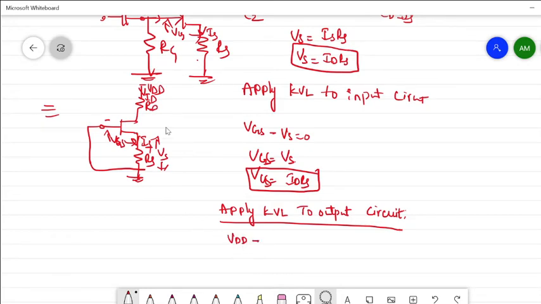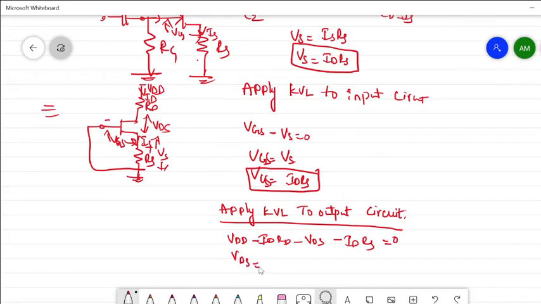VDD minus voltage across this resistor, IDRD, minus voltage across the output terminals, that is VDS, minus voltage across this resistor, ID into RS. Why? Because actually it is IS into RS, and IS is nothing but ID only. So VDD minus IDRD minus VDS minus IDRS is equal to 0.